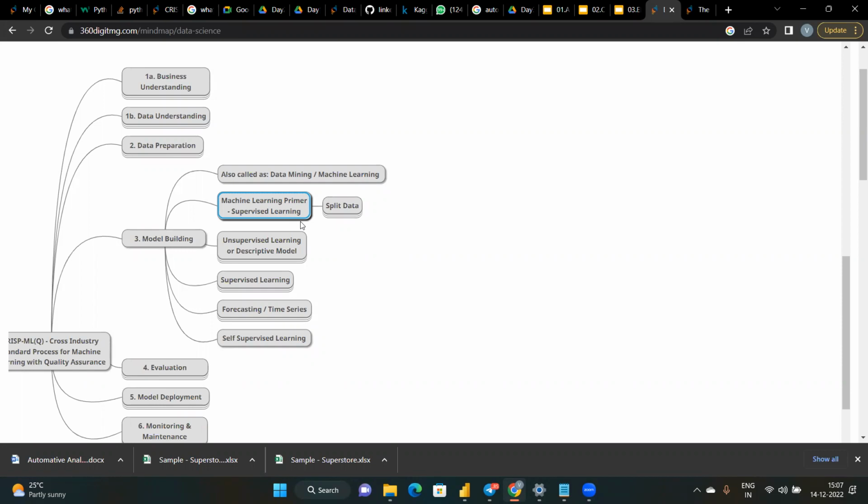Supervised machine learning is where the data has labeled data sets, where the available data consists of labeled examples. If you ask me the exact meaning, this is supervised learning.